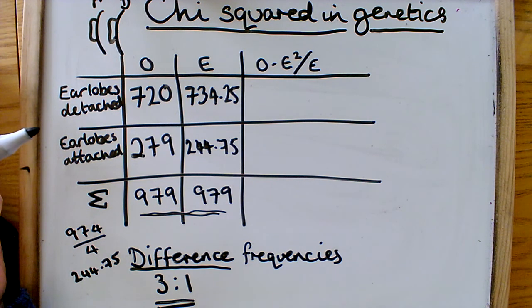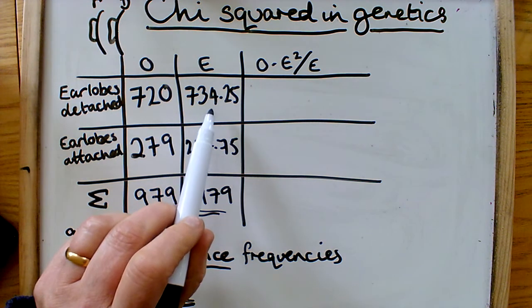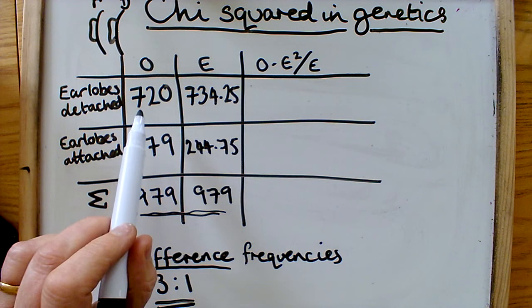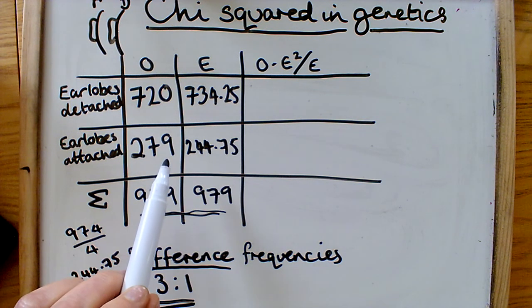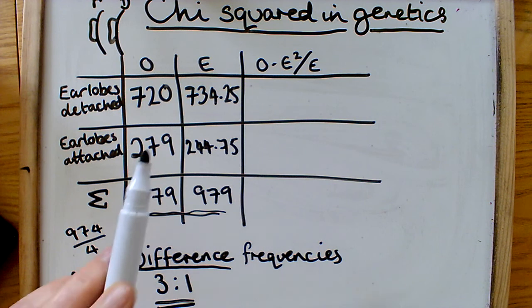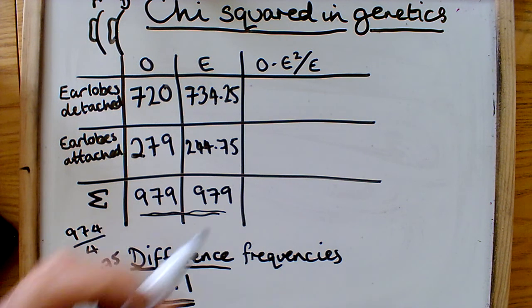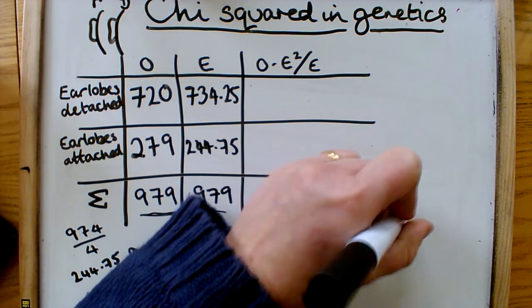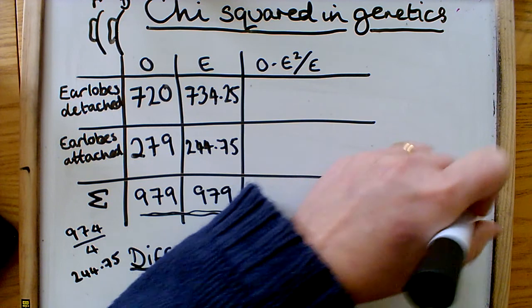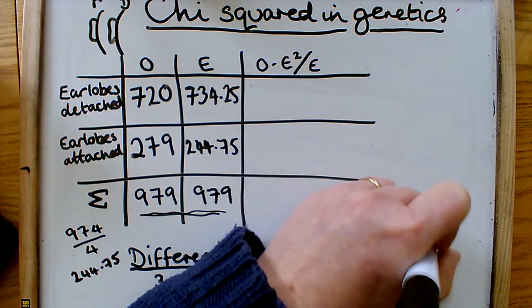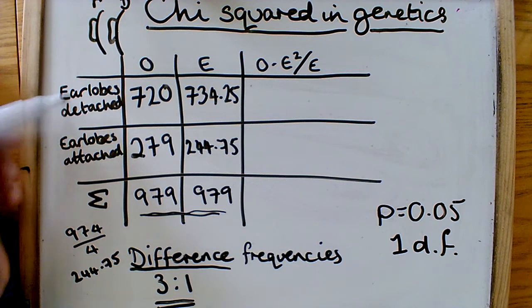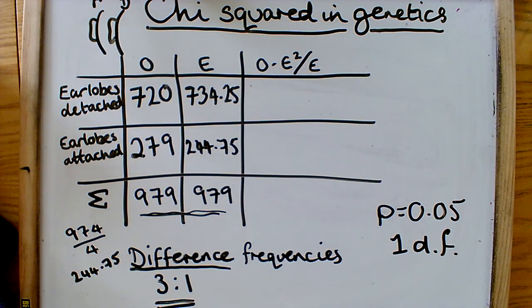And what you'd hope to find is that 734.25 is close enough to 720, and 244.75 is close enough to 279, that when you look at your table of critical values, and remember we'd be looking for p equals 0.05 and only 1 degree of freedom because we've only got 2 categories, you'd find that your chi-squared value doesn't exceed your critical value.